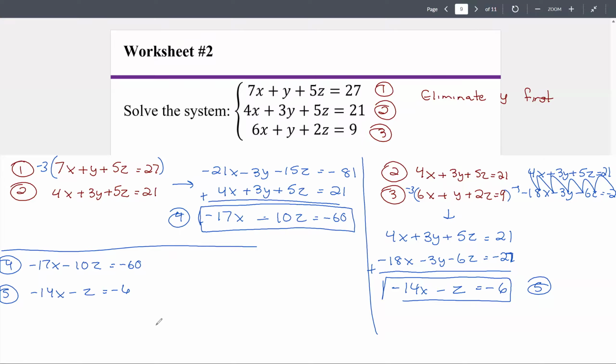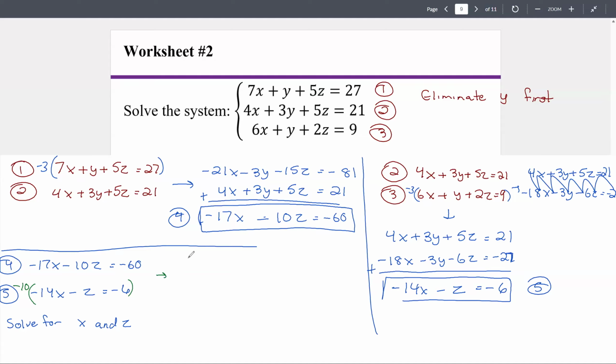So we want to solve these for x and z. We see that probably the easiest thing to do is, we already got a 10z and then a negative z, so we're just going to multiply this by a negative 10. So this becomes a plus 10z, and they cancel.